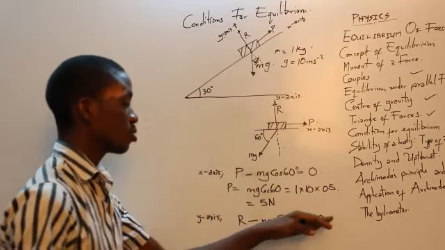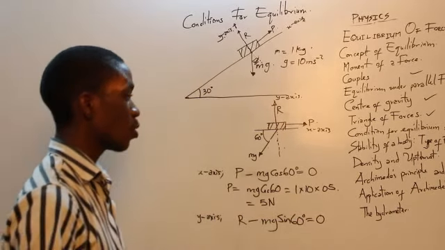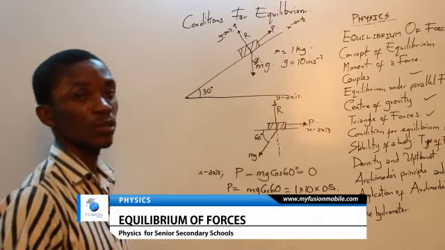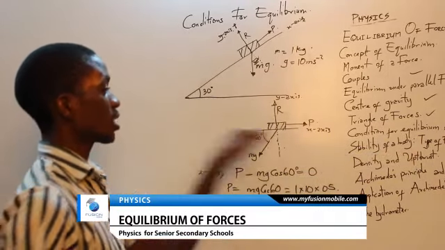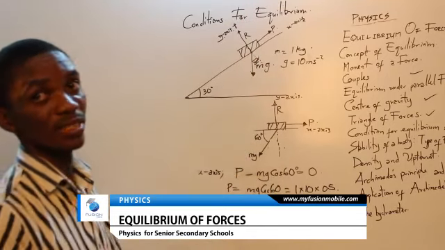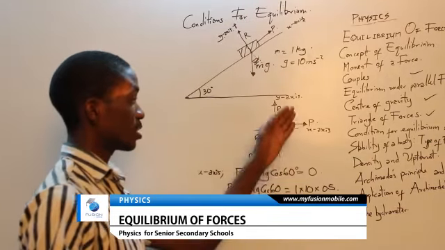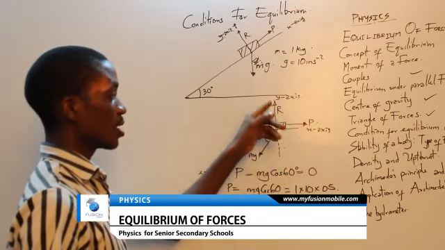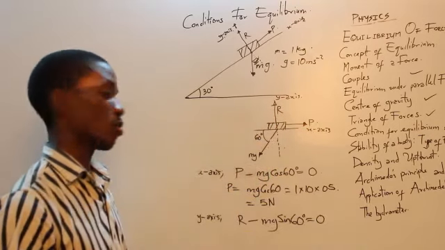Why I'm having 0 immediately is because there are no other forces acting in that region. This is the only one acting horizontally, and this is the only one acting vertically, apart from this one that is acting slant. There are only 3 forces there, and this does not have a vertical component, this does not have a horizontal component.